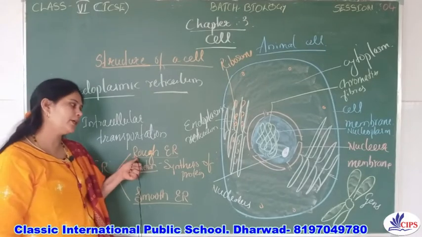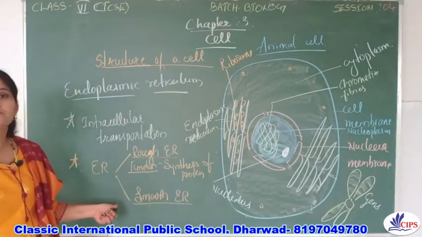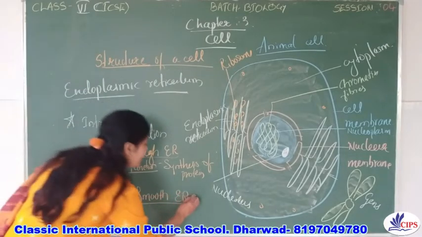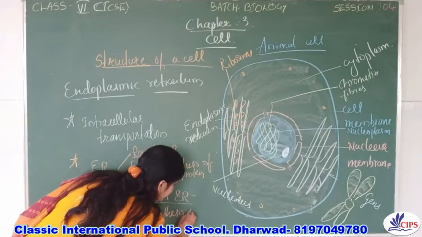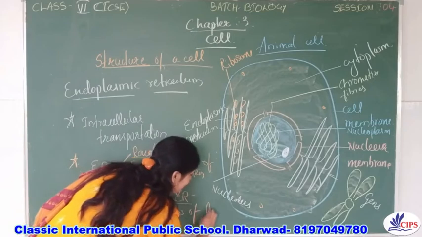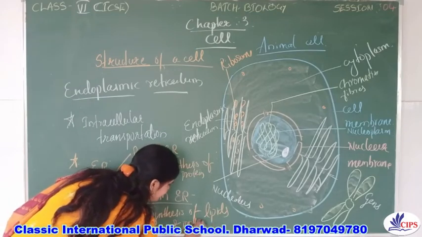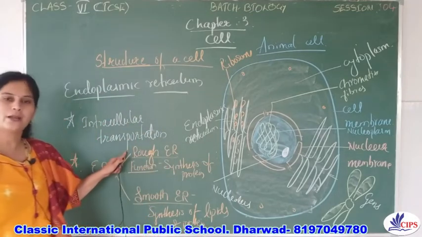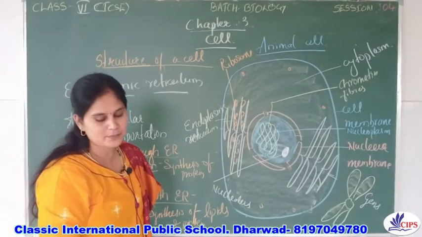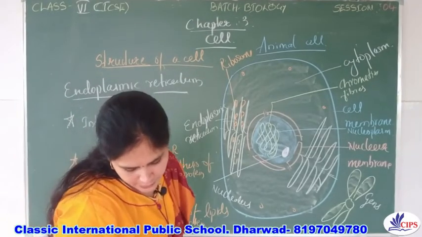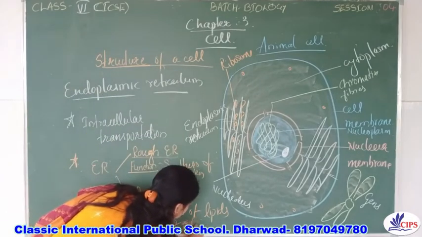So rough endoplasmic reticulum helps in the synthesis of the protein, whereas the smooth endoplasmic reticulum helps in the synthesis of some of the lipids and steroids.